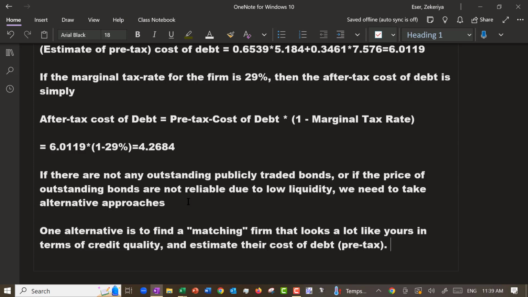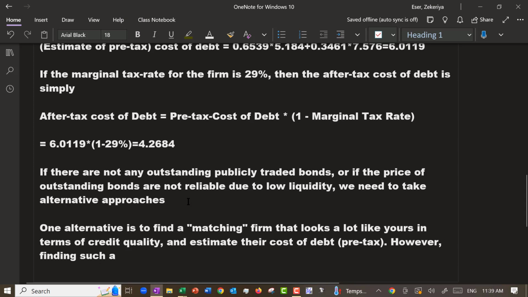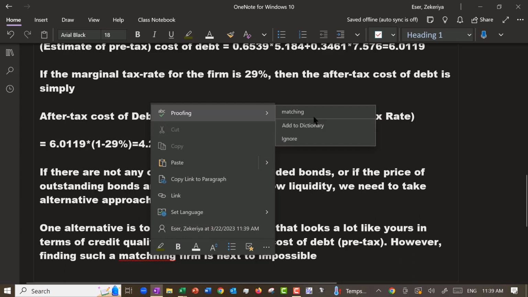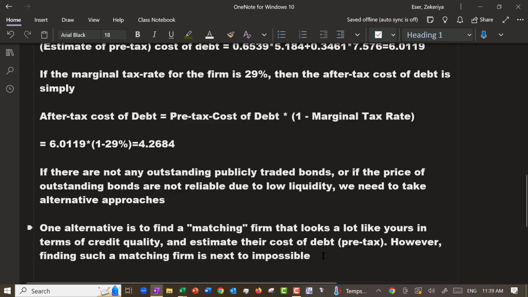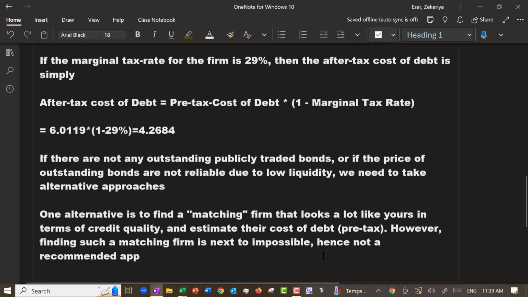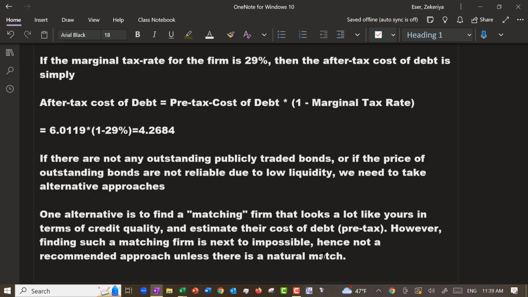However, finding such a matching firm is next to impossible. Hence, not a recommended approach unless there is a natural match. A natural match is kind of a euphemism. You see the firm, you realize, okay, this firm is a lot like ours, but it's going to be rather rare.